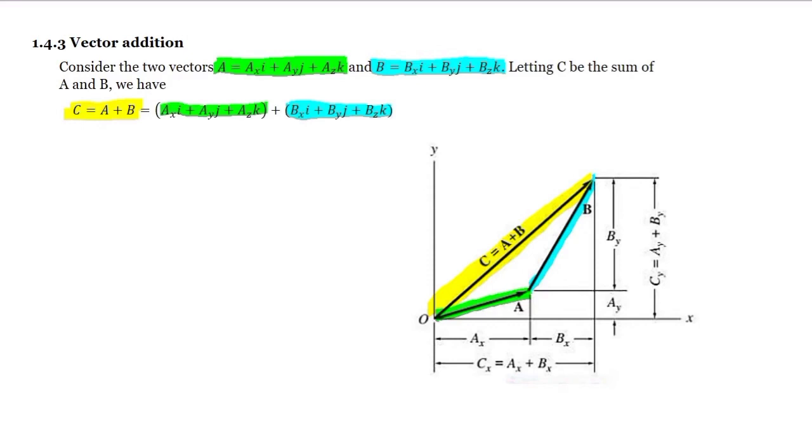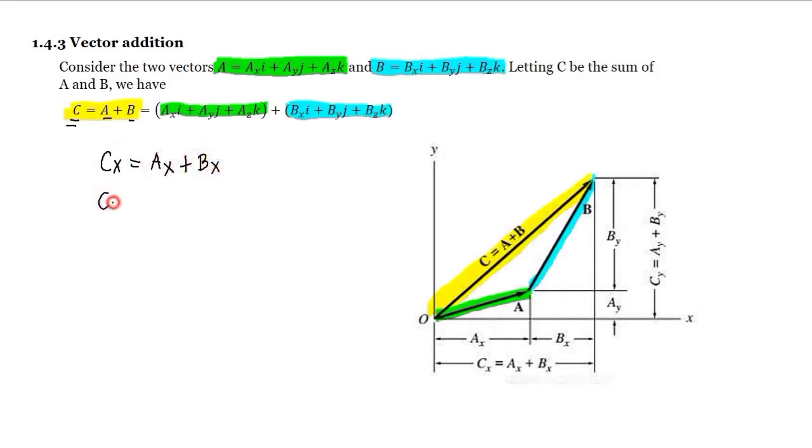What we are talking about here is that this vector C is just the resultant of the vectors A and B. If we are going to sum up all of the forces, then the answer is just the resultant of all the forces. So if we are going to solve for this, for the X component, Cx is just equal to Ax plus Bx.